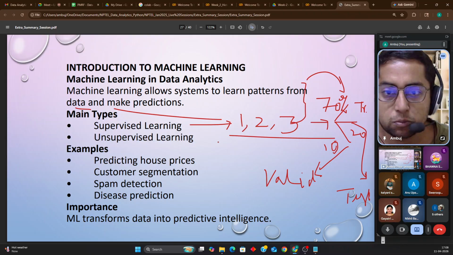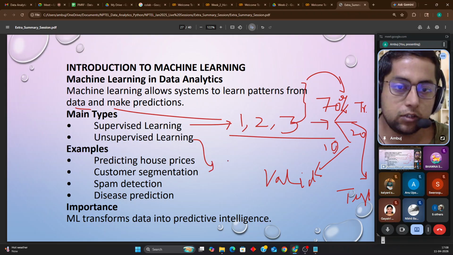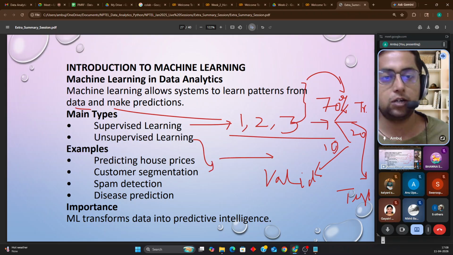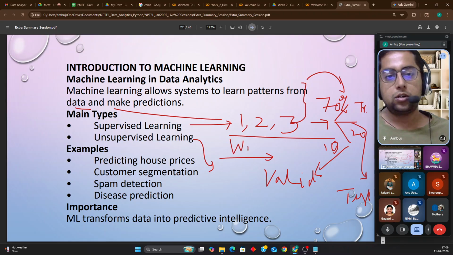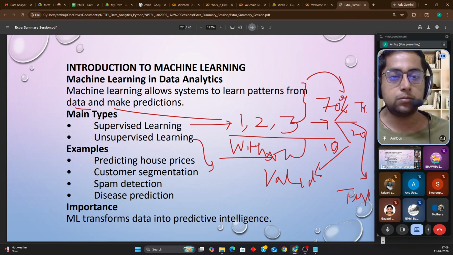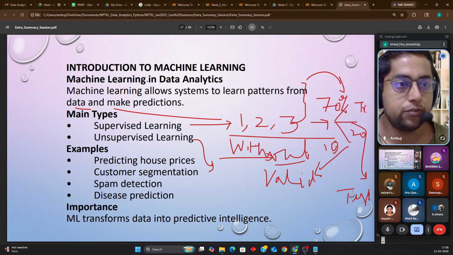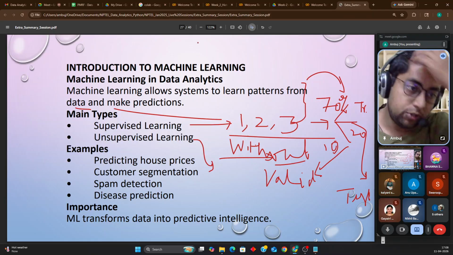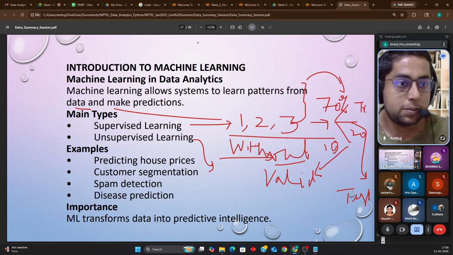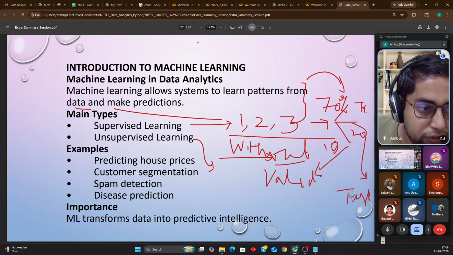In unsupervised learning, the learning is carried out without labeled data. Some pattern fitting is done or some relationships are derived based on EDA, exploratory data analysis, and on the basis of that the data fitting is done.